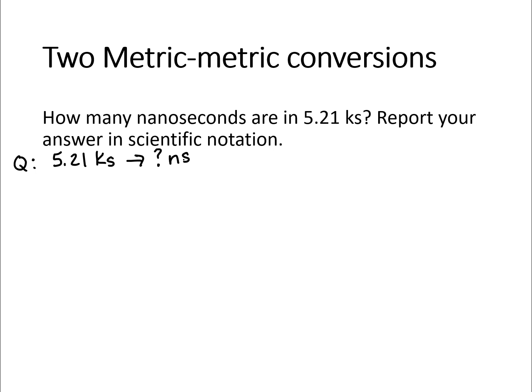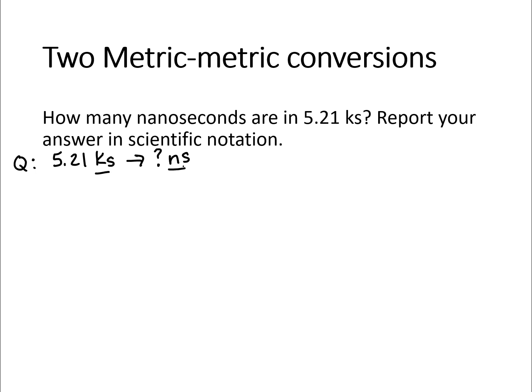Here's the key to knowing when you need to do more than one unit equation and use more than one unit factor when you're figuring out your conversion. Both of these units have some kind of a prefix. It's not just kiloseconds to seconds or seconds to nanoseconds. We're going from kiloseconds to nanoseconds.